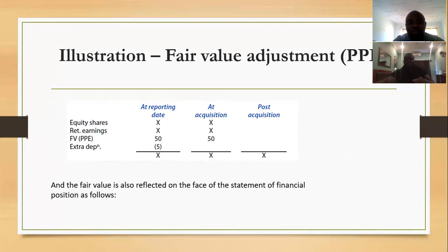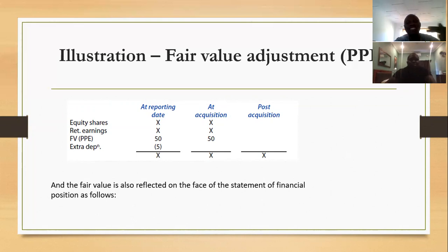Fair value, which is PPE, like I explained, we are going to have a 50. So that in a way, we are adjusting what is in the book value because it is not correct. But we know that this 50 PPE also comes with its depreciation.